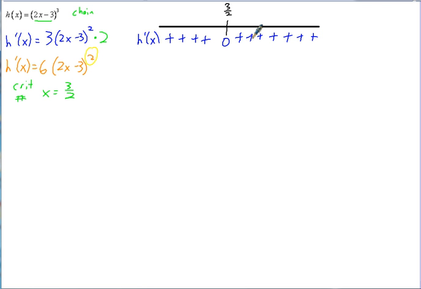So what this shows us is that h of x is increasing and then still increasing. So h is increasing, and right here it's 0, so it's increasing on from -infinity. You could stop at 3 halves, but because it's just 0, not undefined, you don't have to. You could just say from -infinity all the way to infinity.